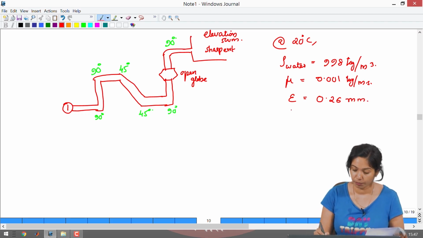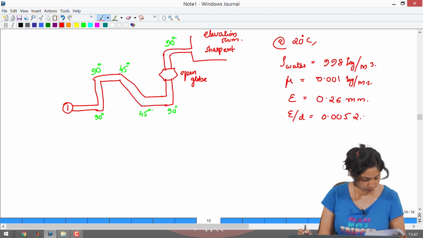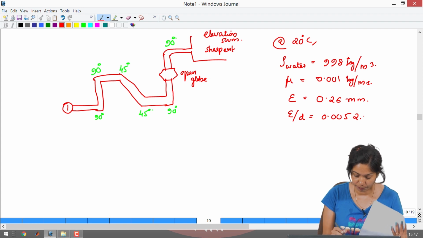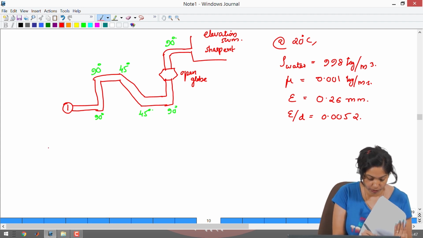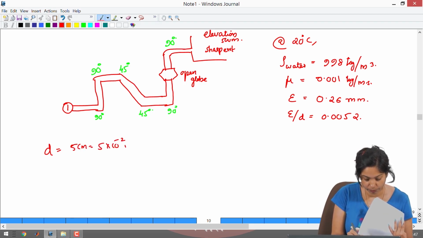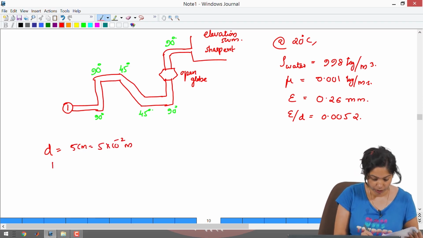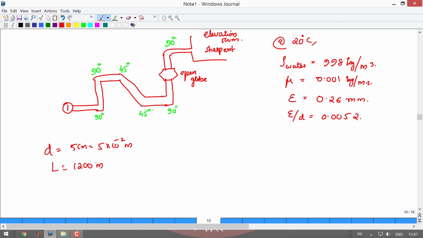So epsilon by D, the roughness ratio, will be 0.0052, where D, the diameter given in the question, equals 5 centimeter, which is 5 into 10 raised to minus 2 meter, and L equal to 1200 meter.